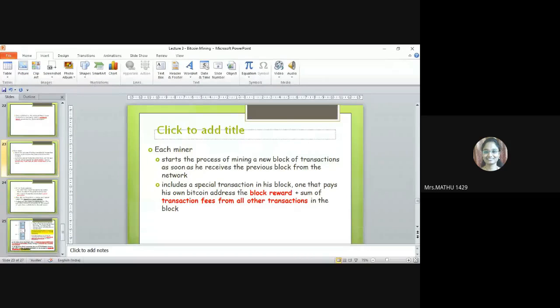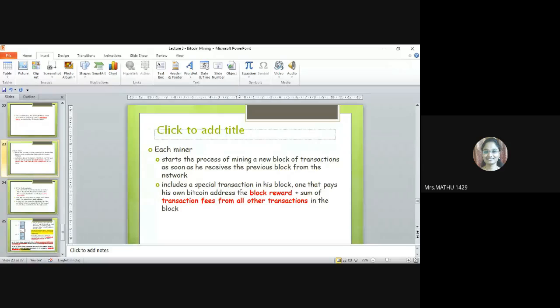And for the entire block that they have validated, there will be a block reward, as well as the sum of transaction fees from all other transactions. For example, if you have some 300 transactions in that block, every transaction would have given some amount of Bitcoins as transaction fee.